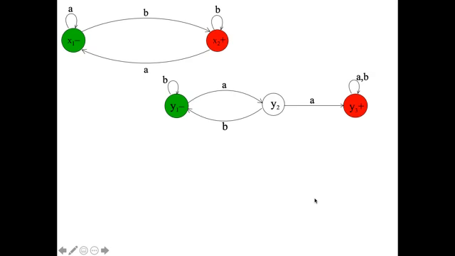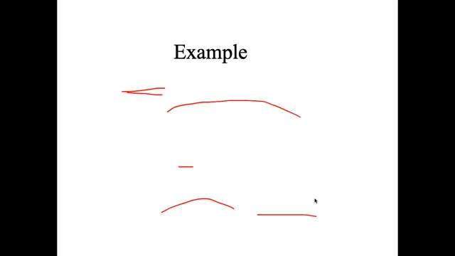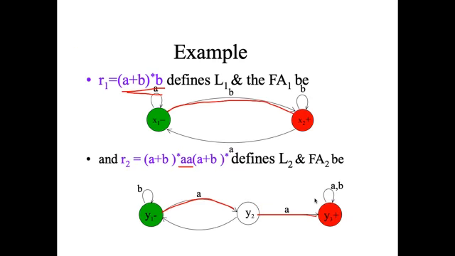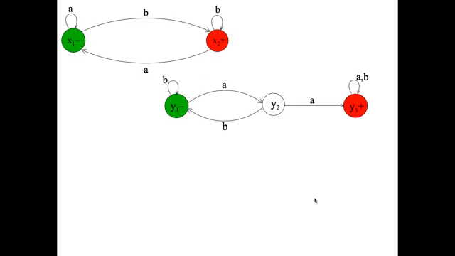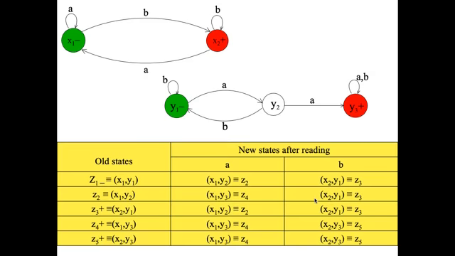Okay, so these are the two corresponding FAs that we have seen here. I have listed them here. Now we want to combine these two FAs. So here we have Z1.